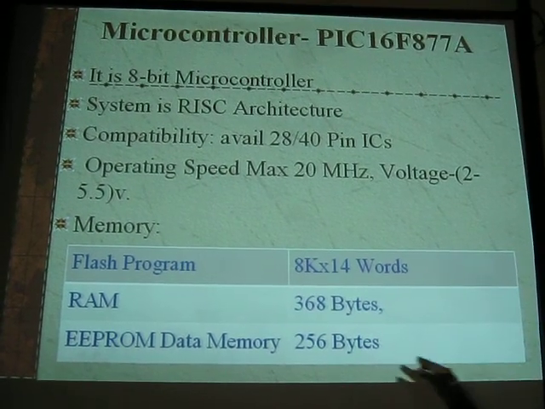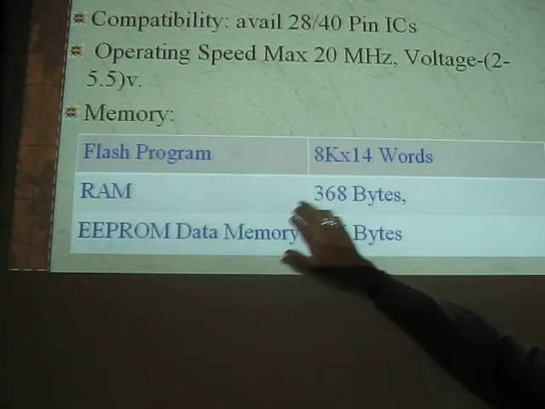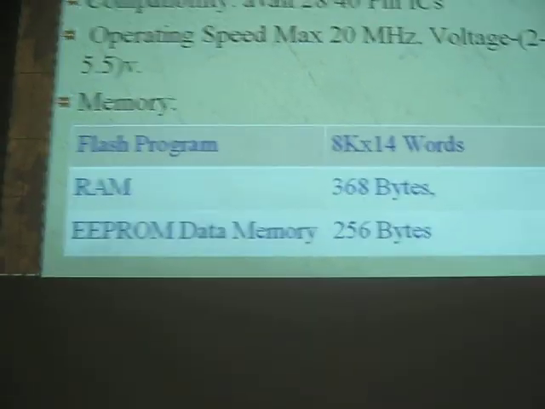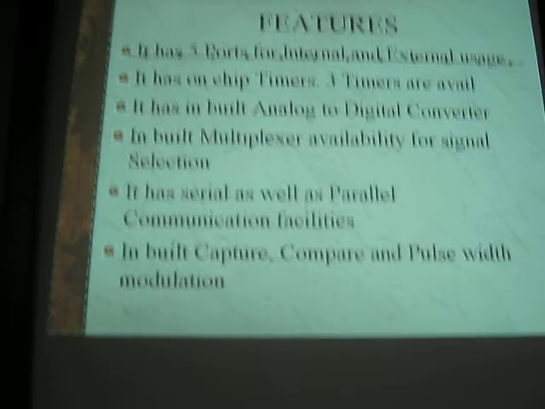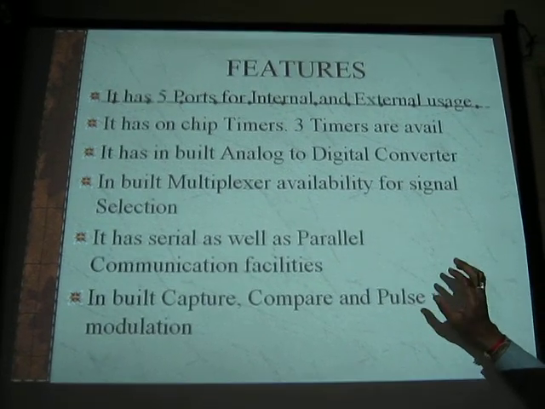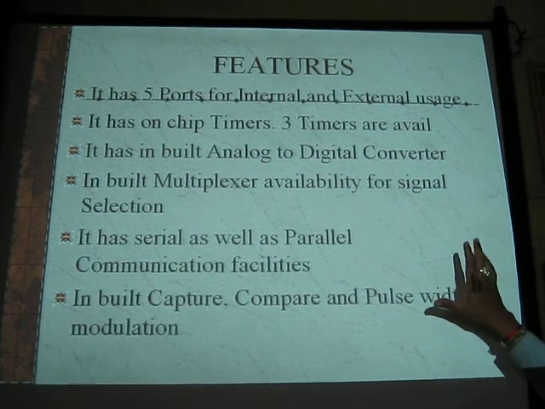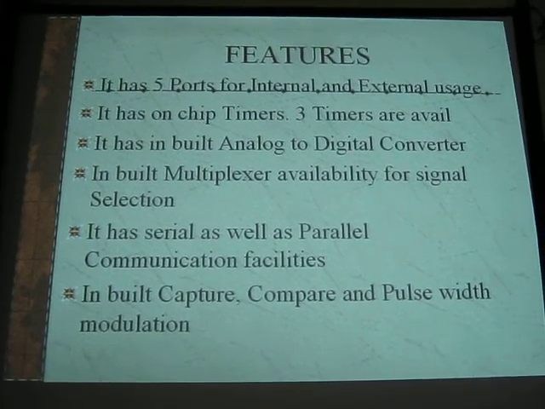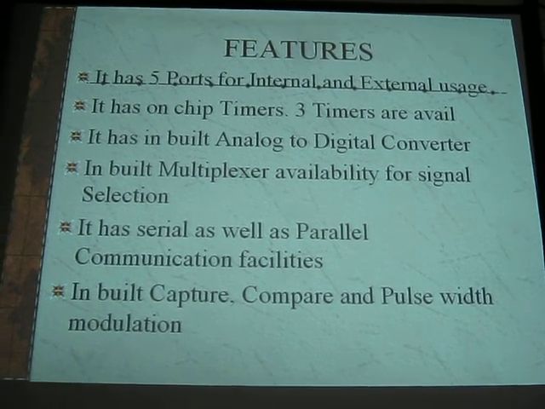The memory is 8K flash program memory, RAM is 368 bytes, data EEPROM is 256 bytes. Next, features of this PIC microcontroller are 5 I/O ports, 3 timers, analog to digital converter, multiplexer and parallel serial communication and capture, compare and pulse width modulation. Everything is built into this chip.